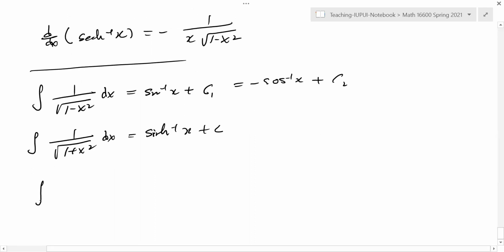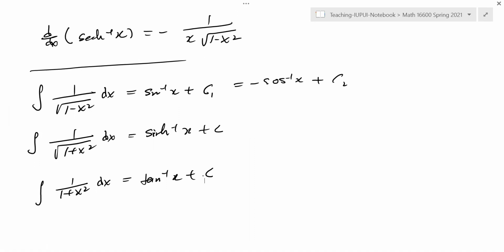Right, so now let's go to the next one. We have 1 over 1 plus x squared dx. This is the inverse of tangent x, and this could also be the cotangent, with a negative sign here.